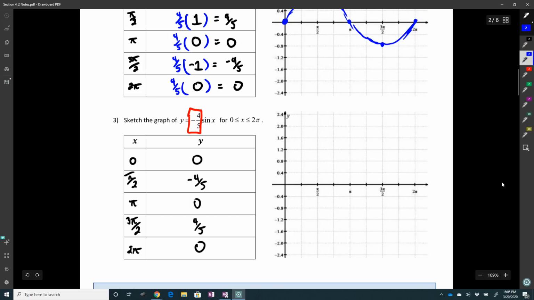And if I plot those, that becomes 0... All right, connecting the dots.